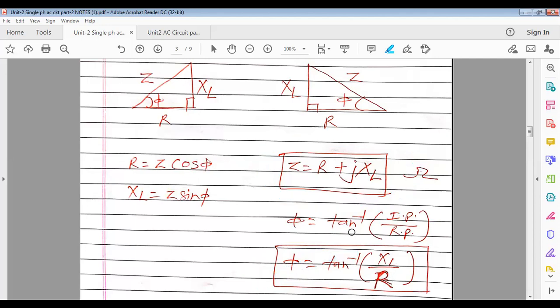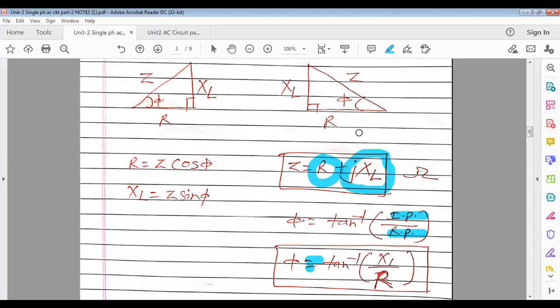upon real part. Now, as XL always comes along the positive imaginary axis and R always comes along the positive real axis, does this phi always come out positive or negative? Positive. Tan inverse of imaginary part upon real part, right? I am talking about series RL.